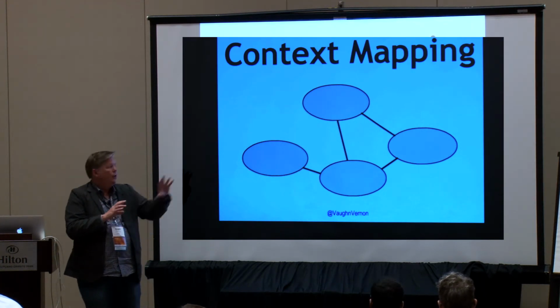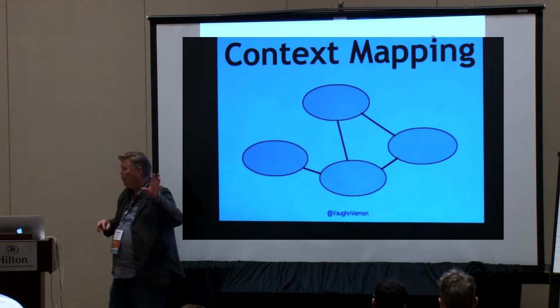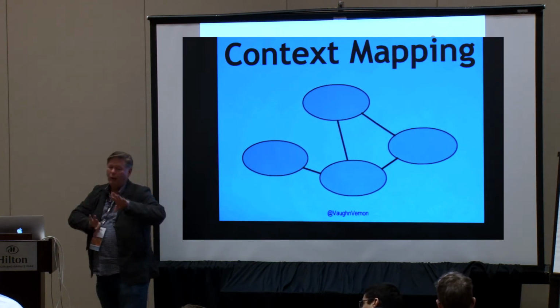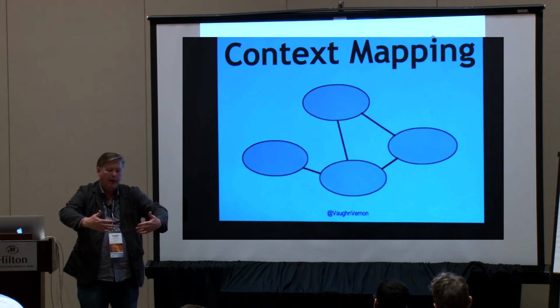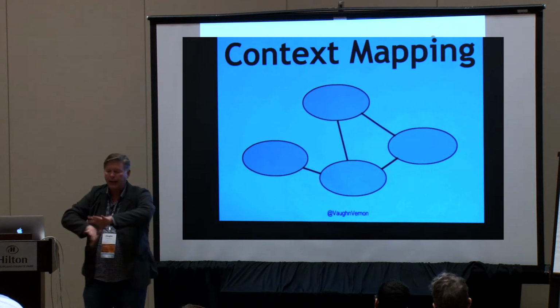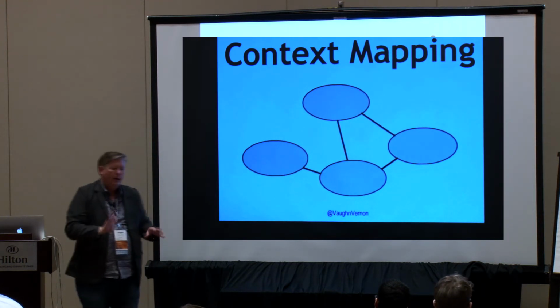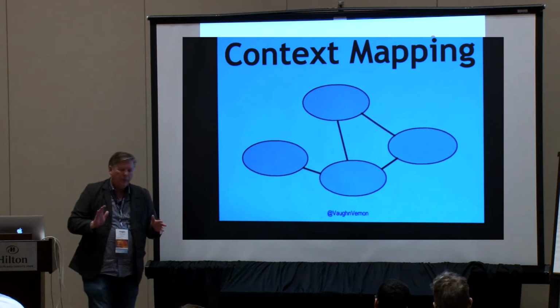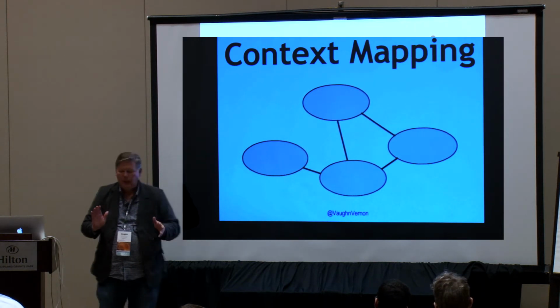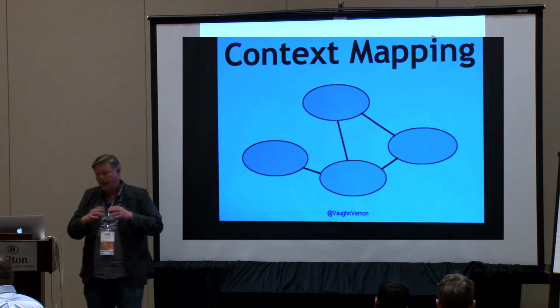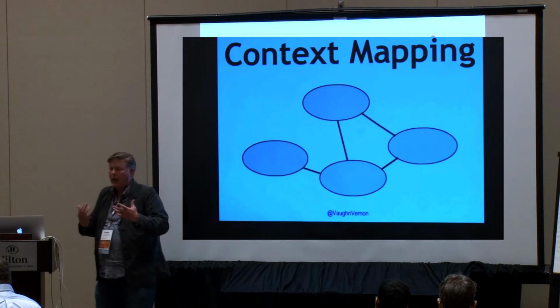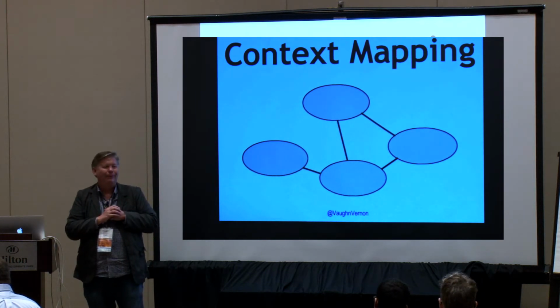Okay? So you have all these bounded contexts, and now we have to understand, okay, we've broken up all these, what we could build in a monolith, and instead we've broken them apart and recognized the different linguistic influences on each different bounded context. But now, how do we make them work as a whole system?